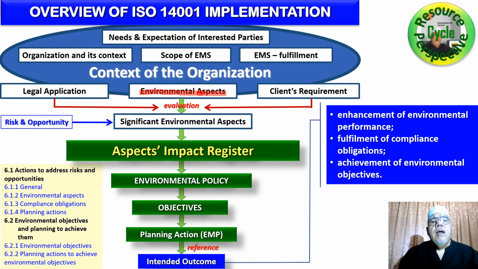So here we are. After we have done the identification, we have to evaluate all our environmental aspects, because I think you know by now, if you have the experience, some of the environmental aspects are beyond control. Some are well within our apprehension. We have to evaluate to determine what are these significant environmental aspects that we have to manage.